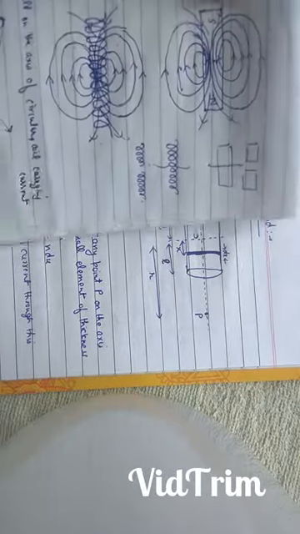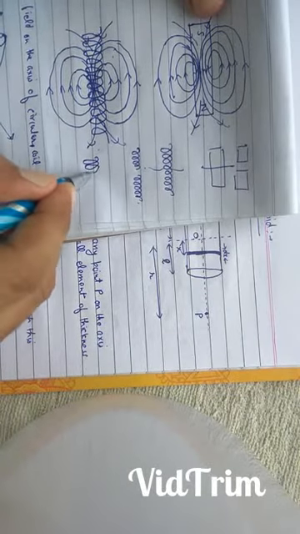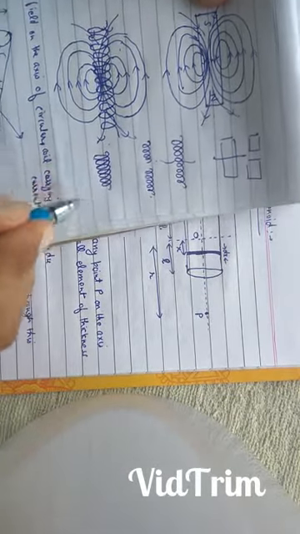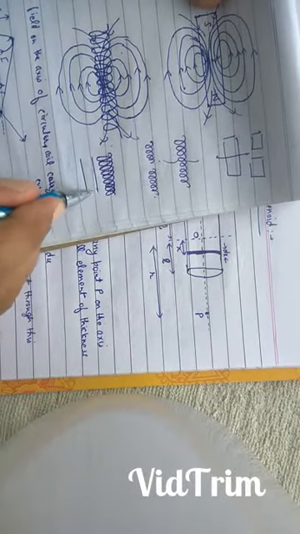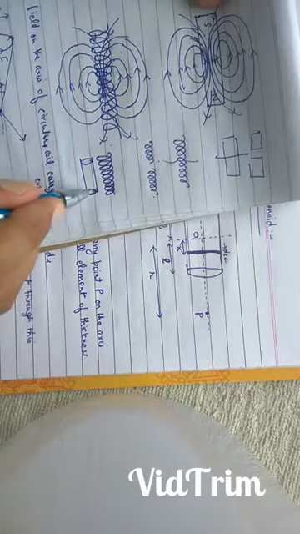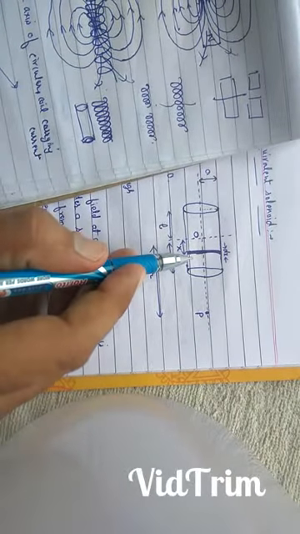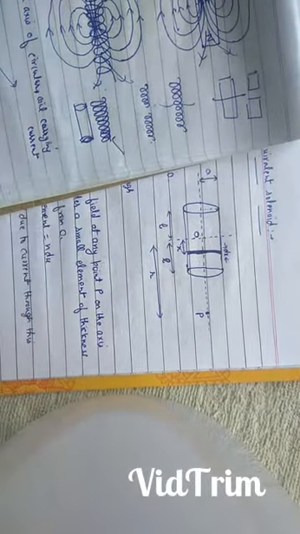Because when the turns of the solenoid are very close to each other, this will look like this. Therefore, this also represents a solenoid.